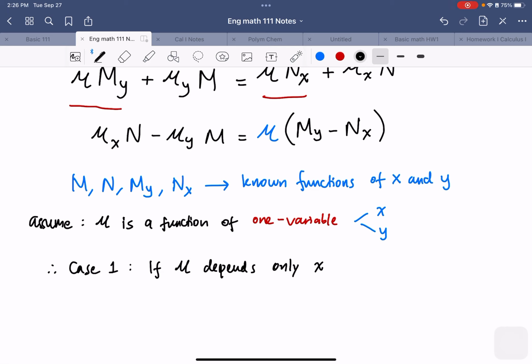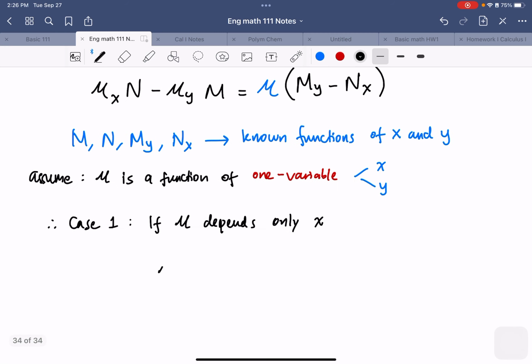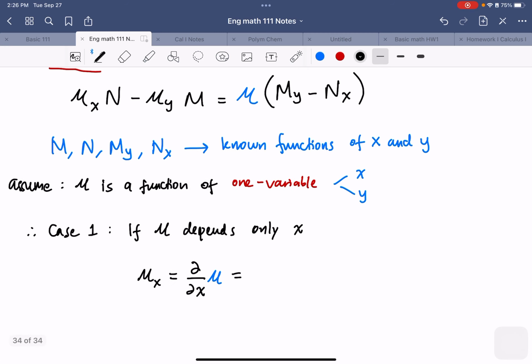So we can remove this, and we can rewrite mu x as d/dx of mu. That is equal to (M y minus N x) times mu divided by N. This is the first case.